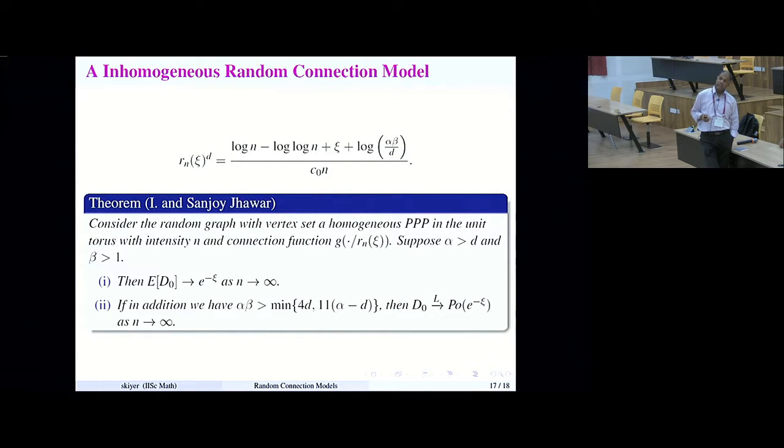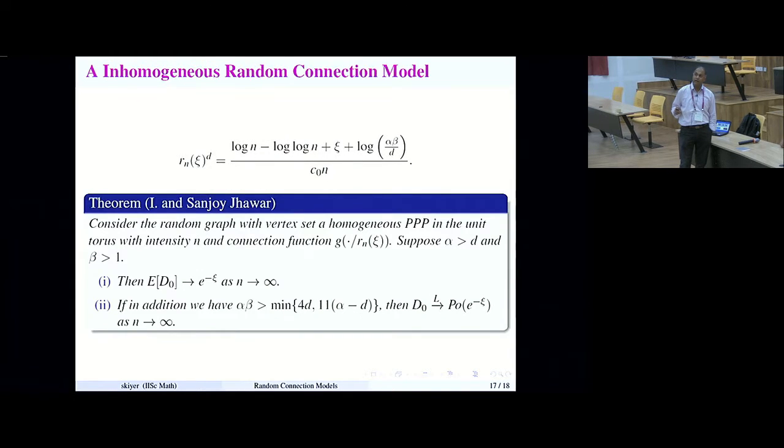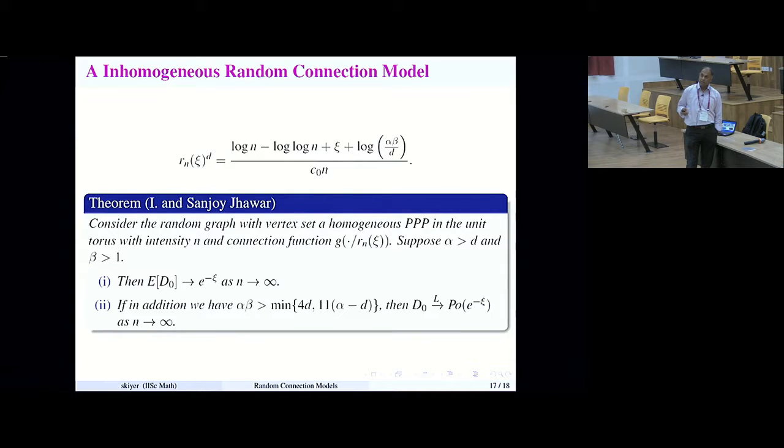So if we consider the inhomogeneous random connection model that we had in the previous slide, you have a homogeneous Poisson point process on a torus of intensity n, and your connection function is given by this function here, scaled by this Rn of xi, right? So if alpha is greater than d and beta is greater than 1, then two things.